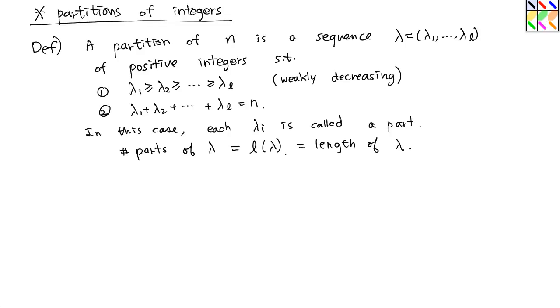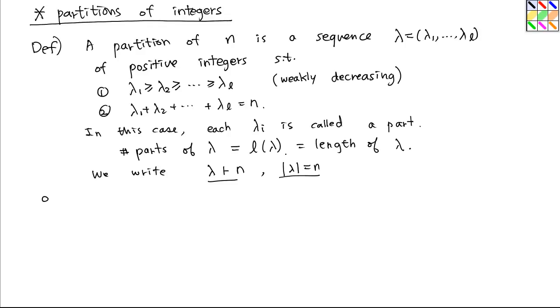So we write lambda is a partition of n in this notation, or with the absolute value of lambda equal to n. They both mean that lambda is a partition of n.